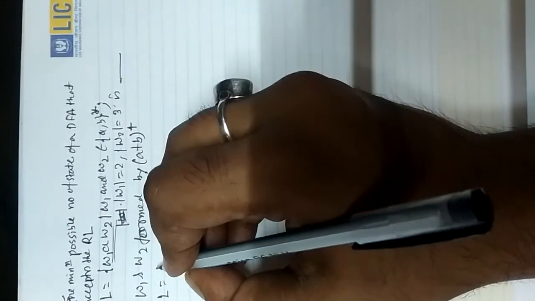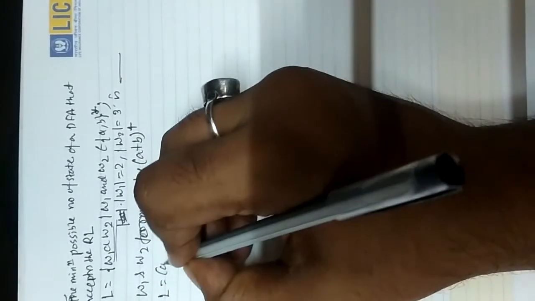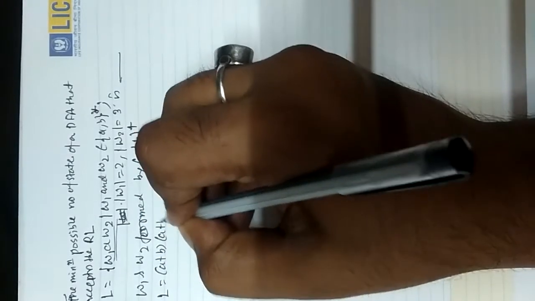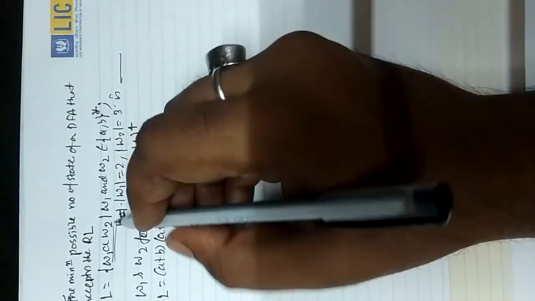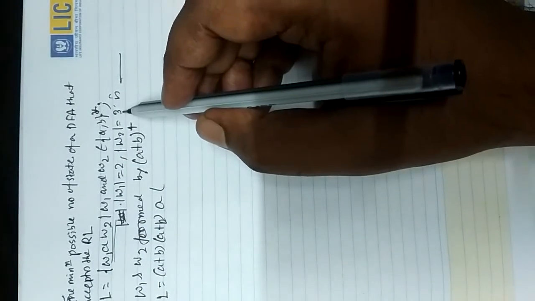It will be (a+b) for W1, then a, and then W2 is greater than or equal to 3, so minimum 3. If it is greater than 3, we represent it with a star. Okay. Now let us try to draw the DFA.